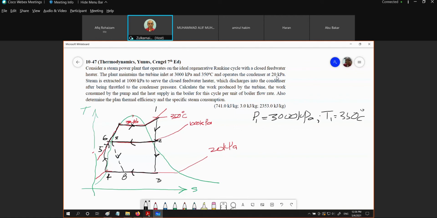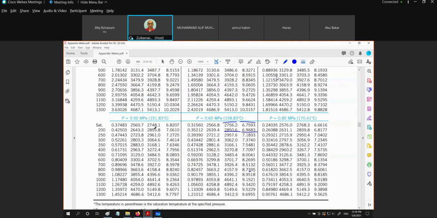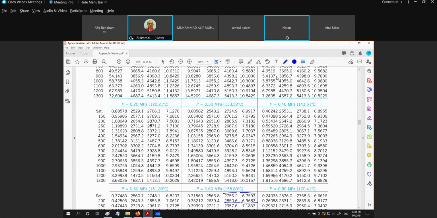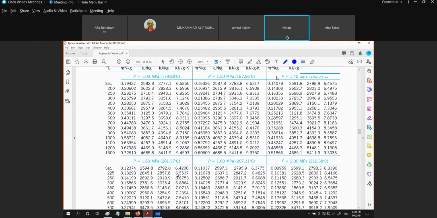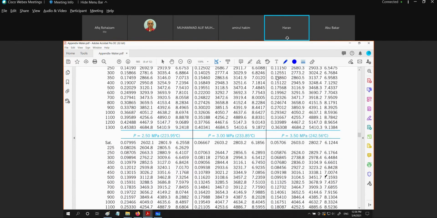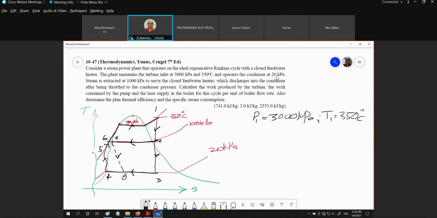If you look at 3000 kPa from the superheated table, why is it superheated? Because at 3 megapascal, the saturated temperature is 233. Therefore, T1 is greater than T-sat at this pressure, therefore superheated vapor. So can we get our H1 right now?